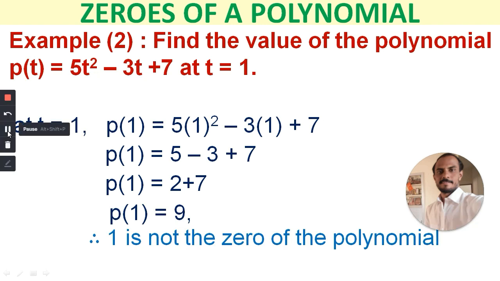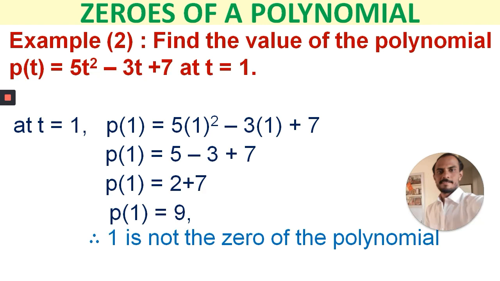I hope you understood, students, the concept of zeros of a polynomial. How to verify whether the given constant is a zero of a polynomial or not, how to check it. Just substitute that constant in the place of the variable of the given polynomial and find out its value.